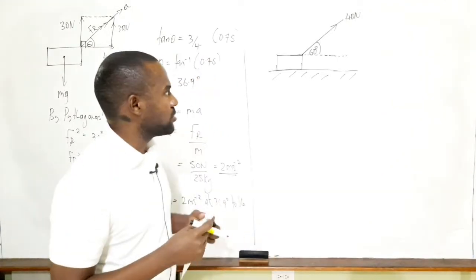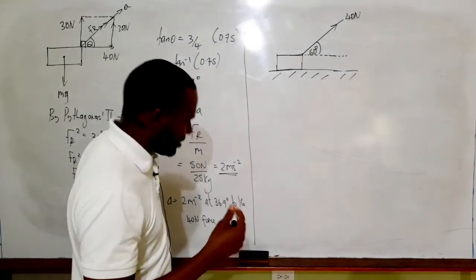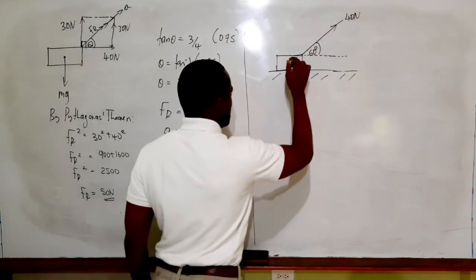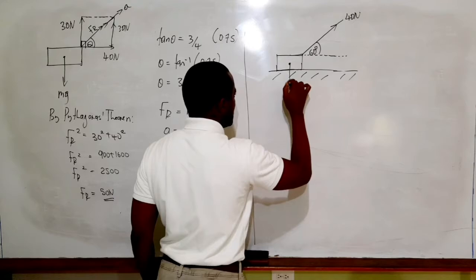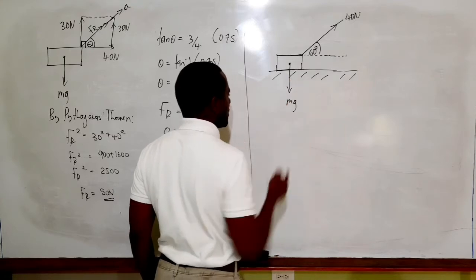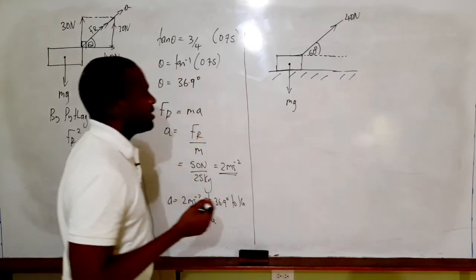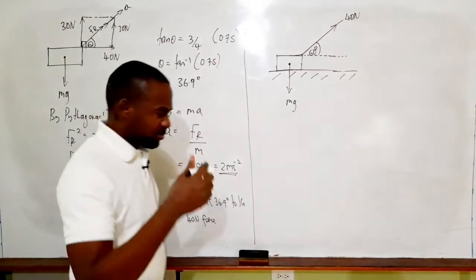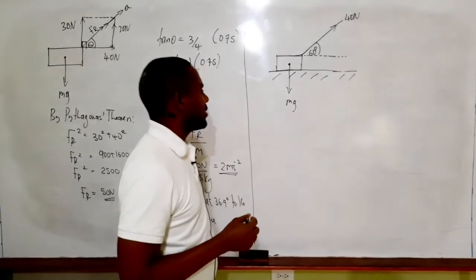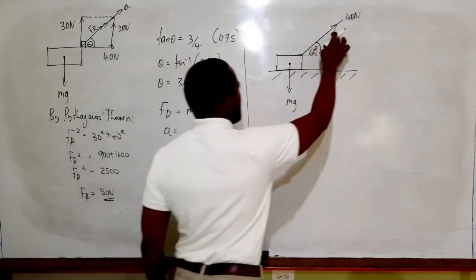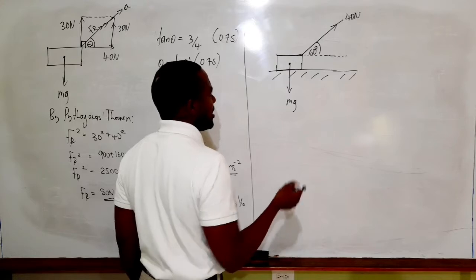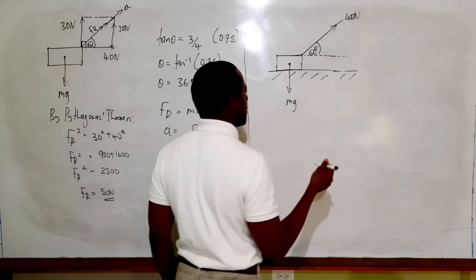They want us to find the acceleration of the body and also the force the body exerts on the ground. Now, the first thing we must do is to try to establish other forces acting on the body. There's always going to be the body's weight, which always acts vertically downwards, right? Now, this force is acting at an angle of 60 degrees to the horizontal, and therefore it can be resolved into its components.